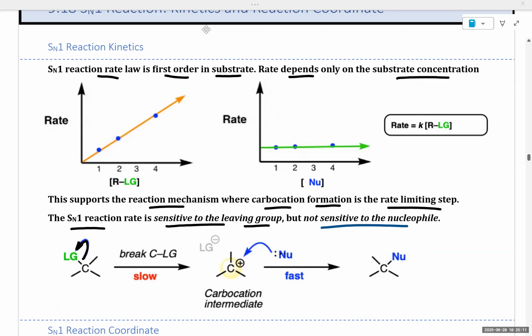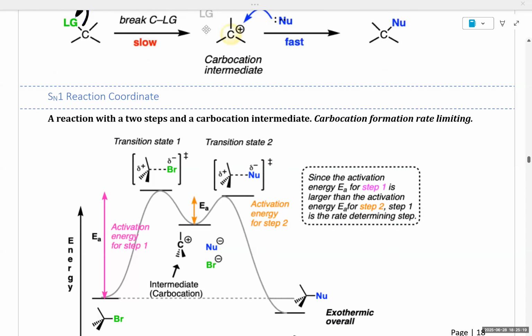In terms of the reaction coordinate, the SN1 reaction is a two-step reaction, which goes through a carbocation intermediate. Carbocation formation is the rate-limiting step.